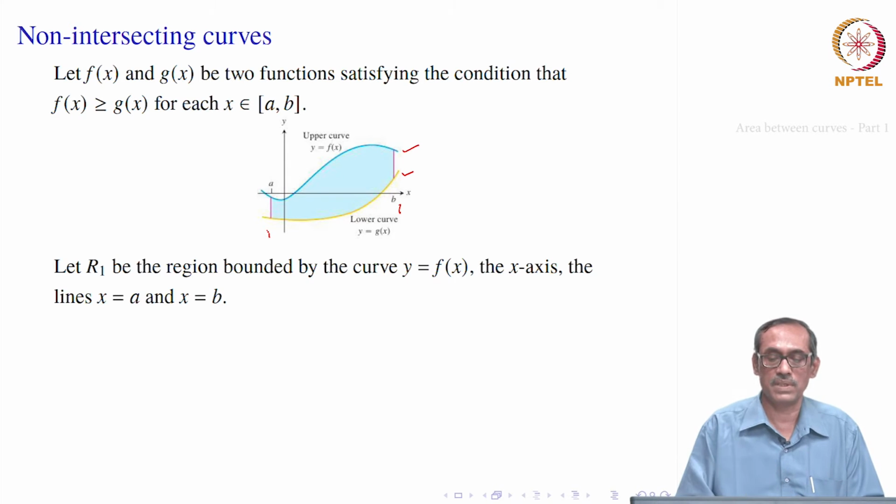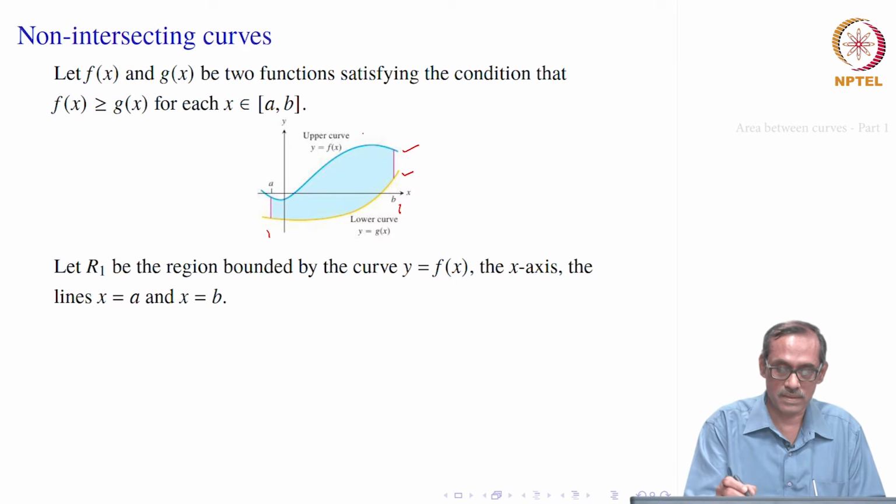So, this is the area which is painted blue here. How to compute the area of that region? That is our problem now. And in all these things we have assumed that for any x inside the interval a to b, f of x is greater than or equal to g of x, it is to the top, right.